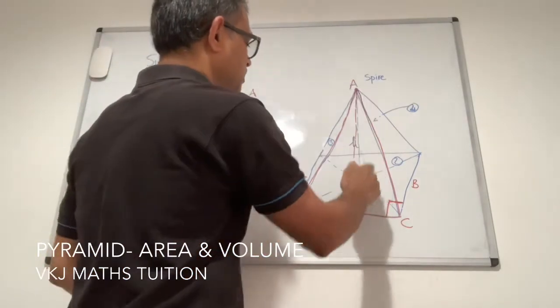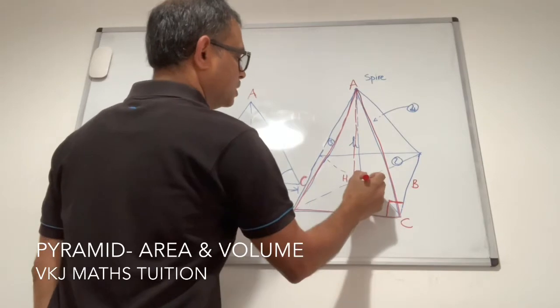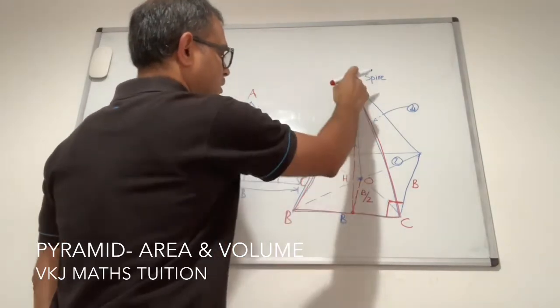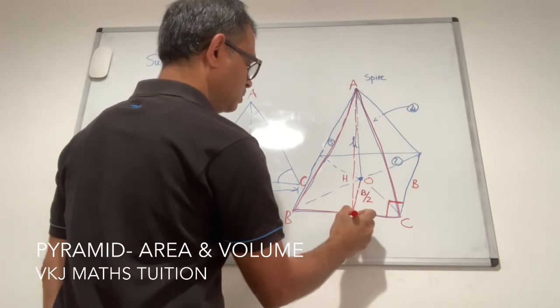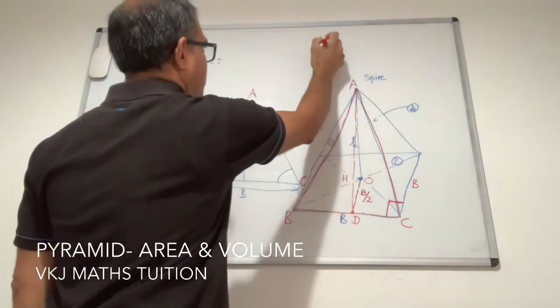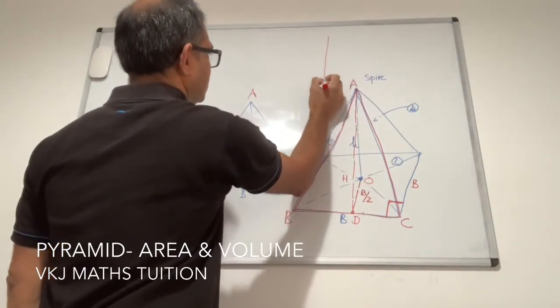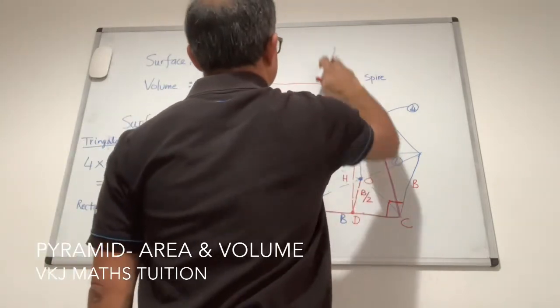So let me draw it in a simpler way. This is my O, if I say AO, and this point, let me write it. What should I write here? D. Okay. So AOD is a triangle. It is not well drawn.